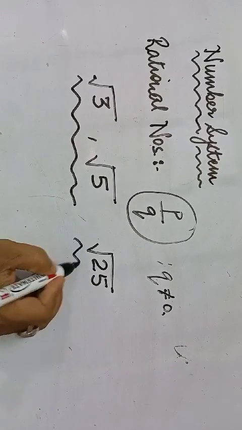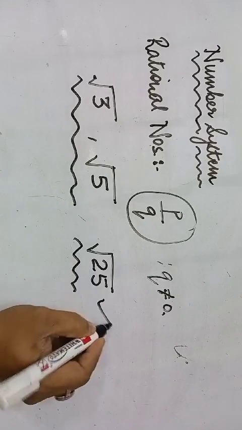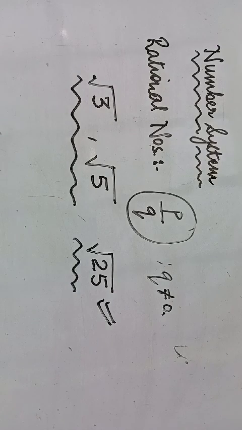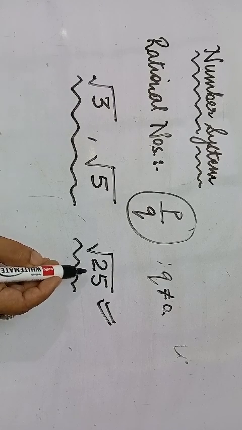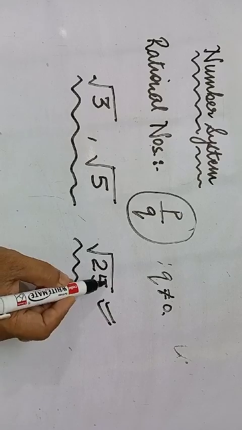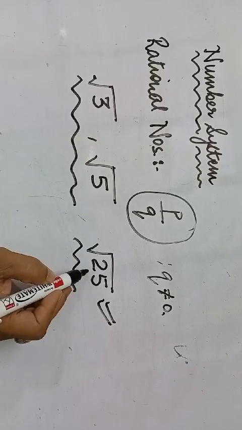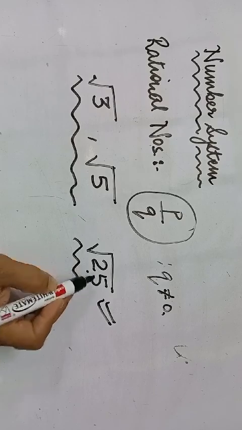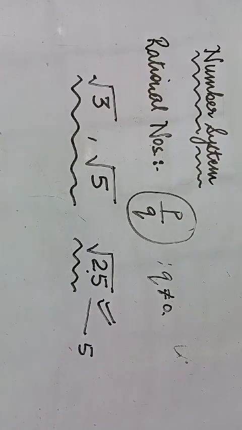I just now discussed square root of 25, and I found out that this was a rational number. How did you judge that this was a rational number? Because you could see that the number under the root sign is a perfect square, which resulted in the number 5 coming out of it. So it became a rational number, and it fitted the definition also.